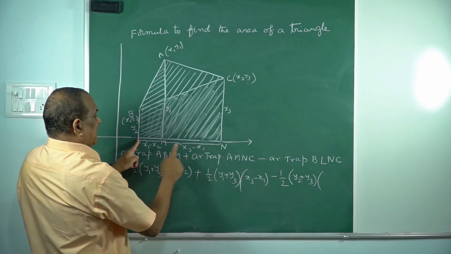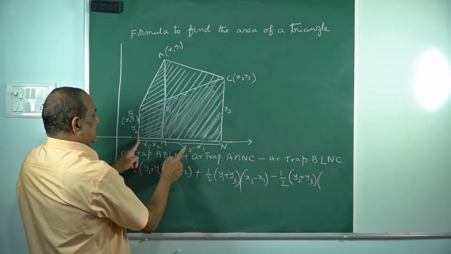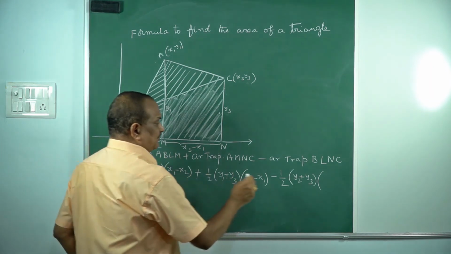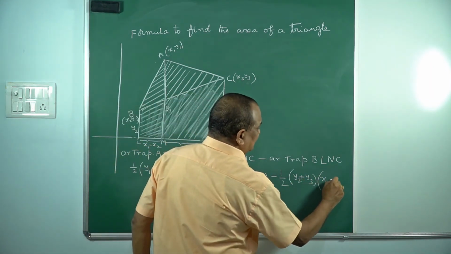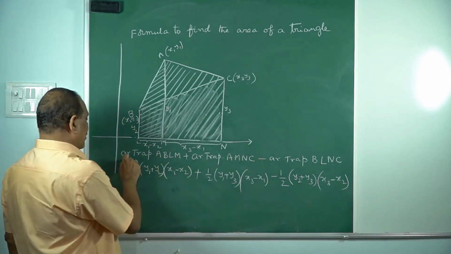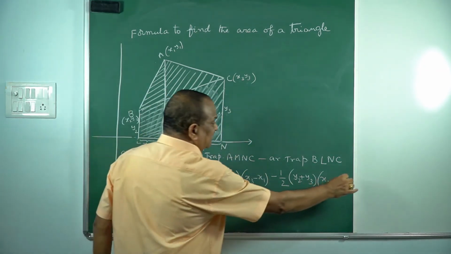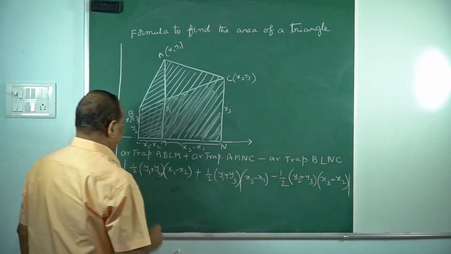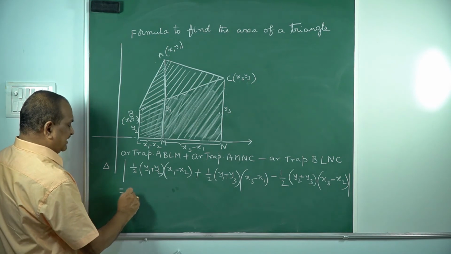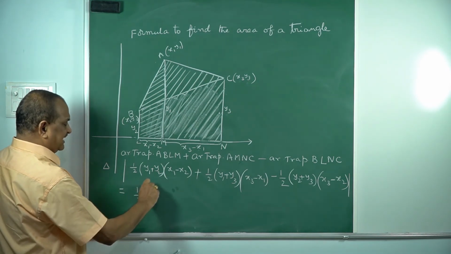I can do one thing: I can add this and this. x3 minus x2 will come, because minus x1 plus x1 will go. That's it. And I can put a mod here. Area of the triangle is this one. Now if I simplify this, I can straight away write the answer.